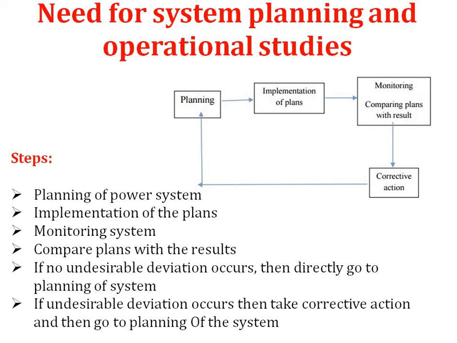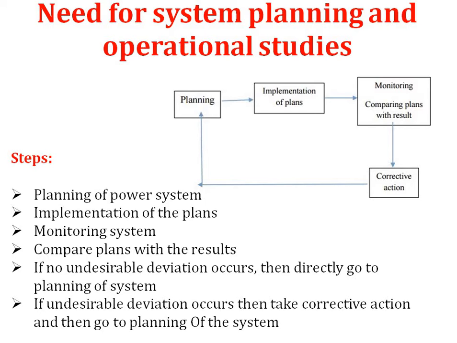Planning of power system, that means generation of power system. Implementation of the plants: we use constant power plants, thermal and nuclear, and supporting power plants for the non-renewable energy sources.